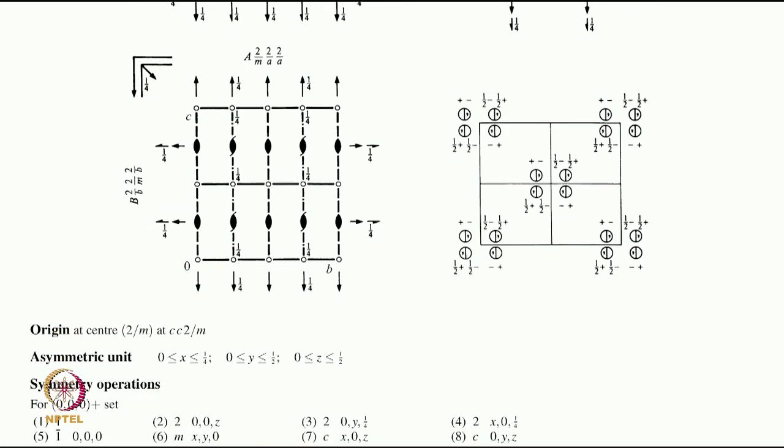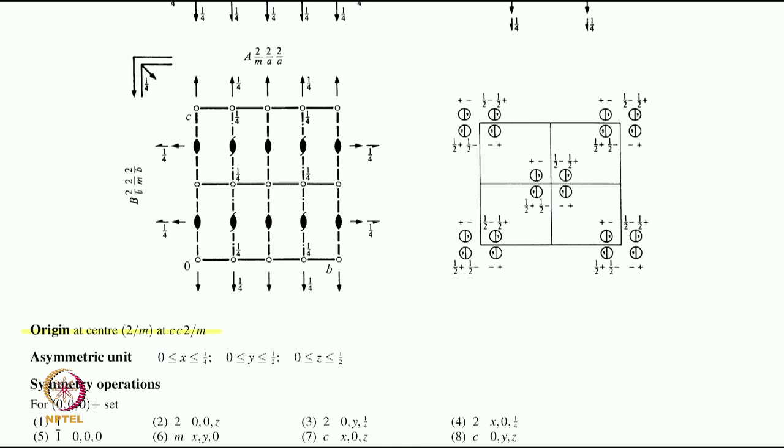So, if we continue the journey down the page, the next item you can see is the origin statement, and it is telling: origin at the center, 2/m at C C 2/m. So, let us see how to interpret this information.